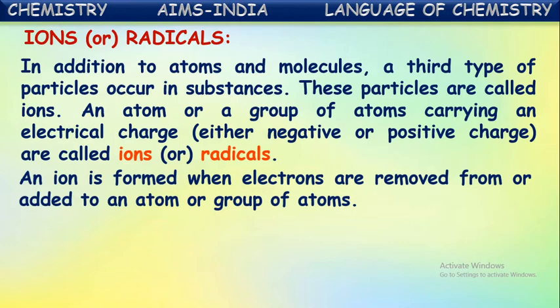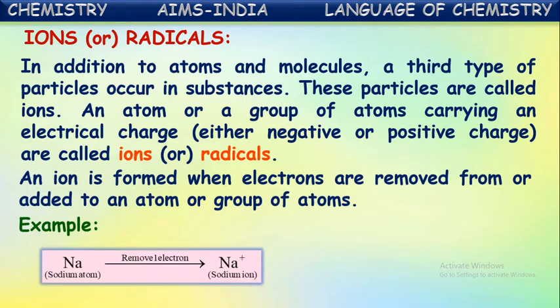So hence, ions or radicals are formed by the gaining or loss of electrons by the atoms or group of atoms. For example, if you see sodium, we know sodium has only one electron in its outermost shell and it is ready to lose one electron. When it loses one electron, it forms a positive Na plus ion.